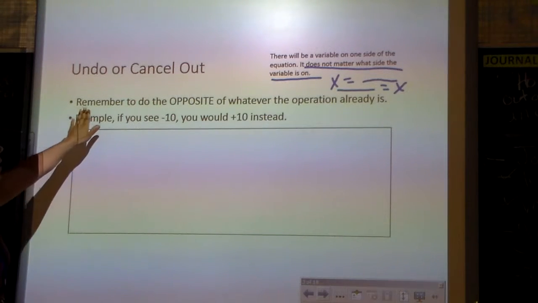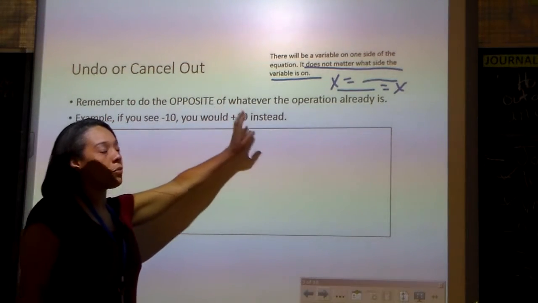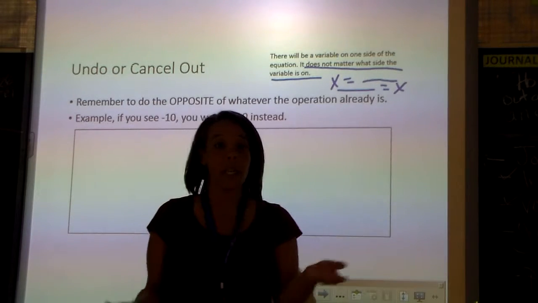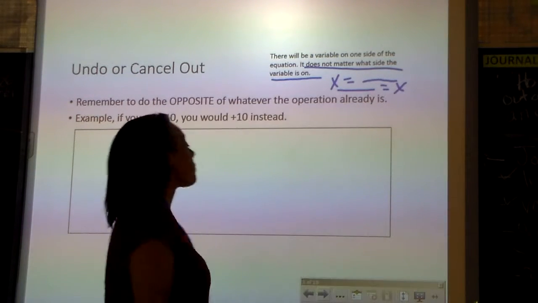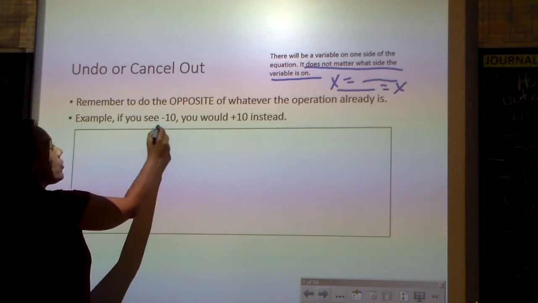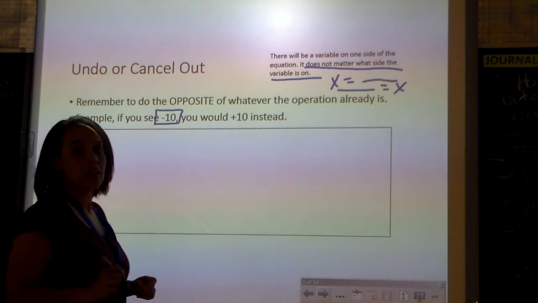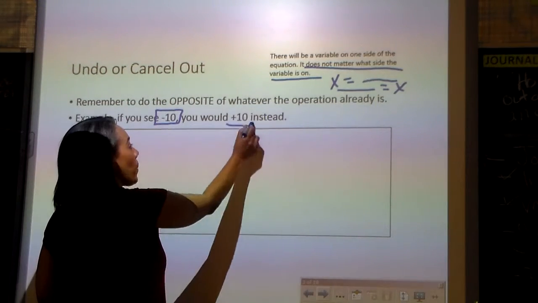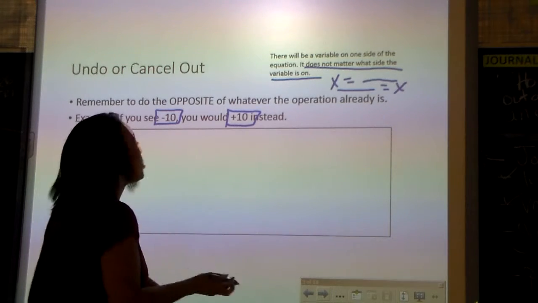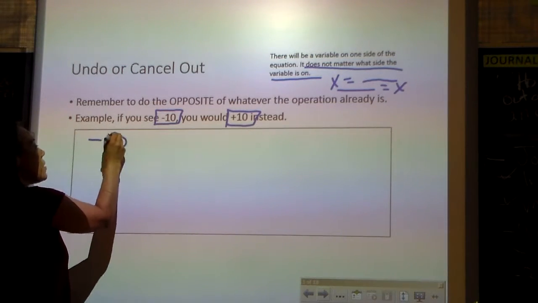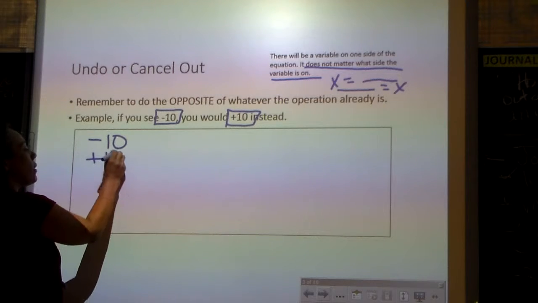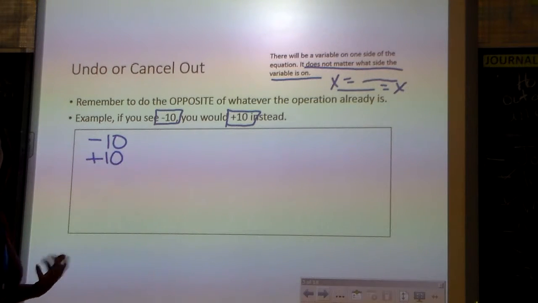And so remember, you do the opposite of whatever the operation already is. Well, what do you mean? Well, for an example, if you see a negative 10, the opposite would be a positive 10. So minus 10's opposite is plus 10, written underneath.